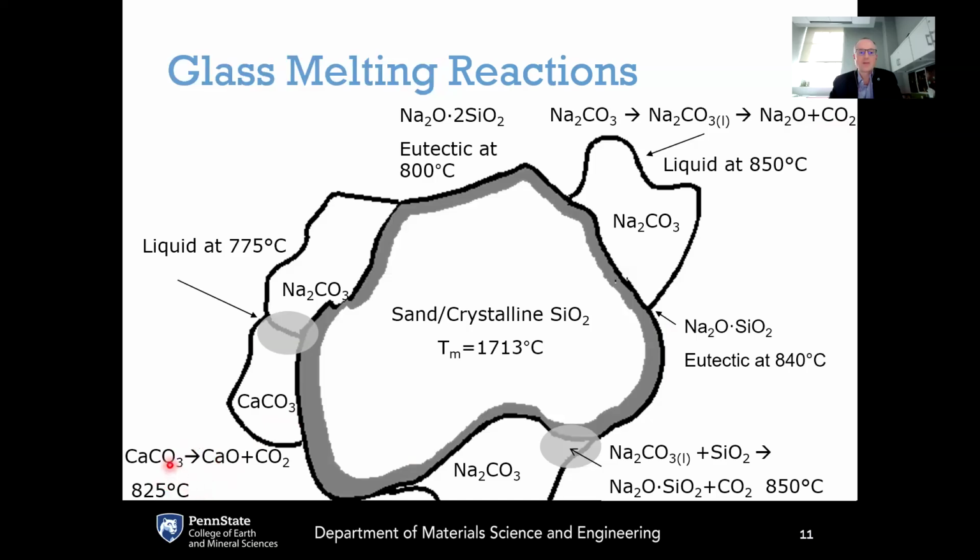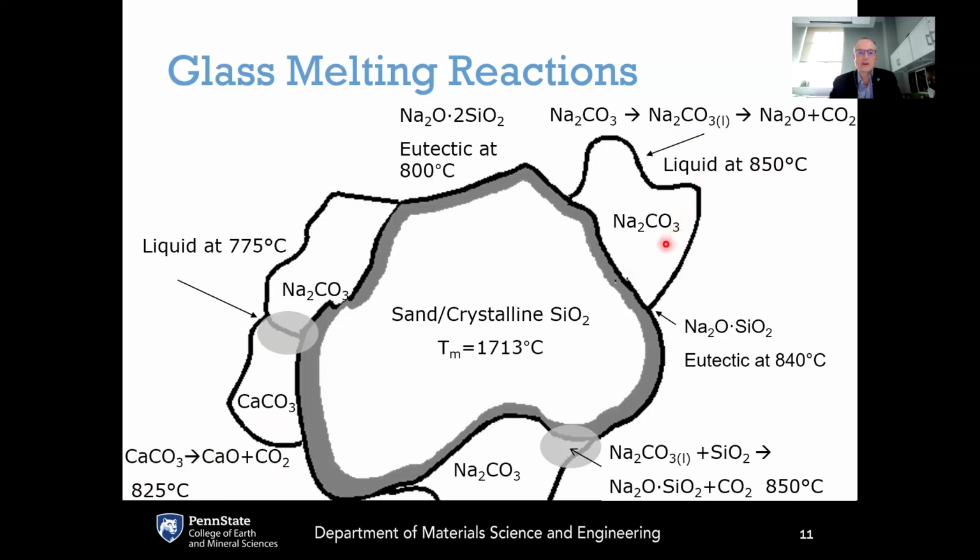Likewise, the calcium carbonate is going to decompose into calcium oxide plus CO2 gas. So this all happens at 800 and some degrees Celsius, about 825 for the decomposition of calcium carbonate, and about 850 is where the sodium carbonate is going to melt.